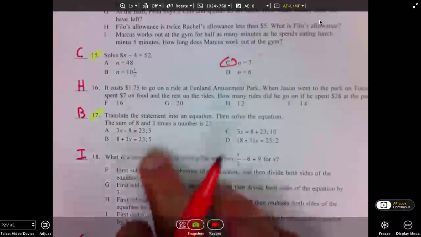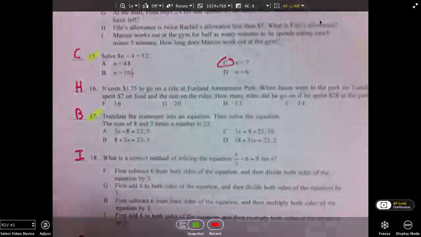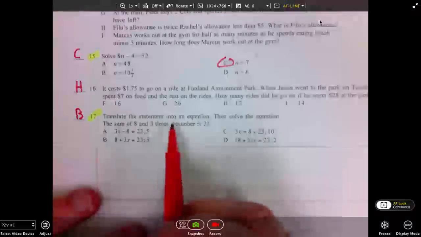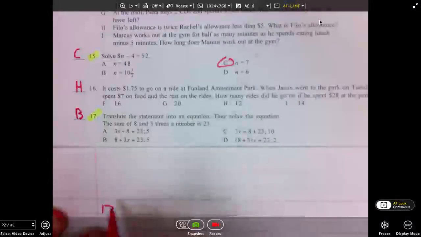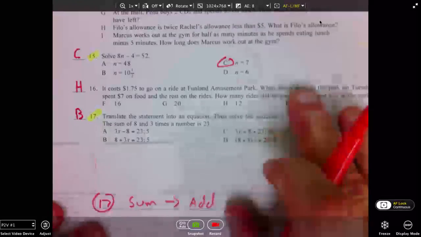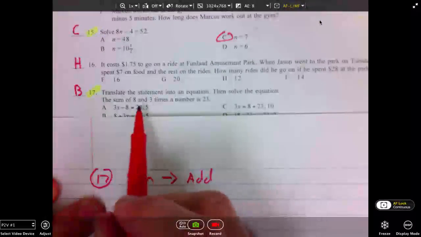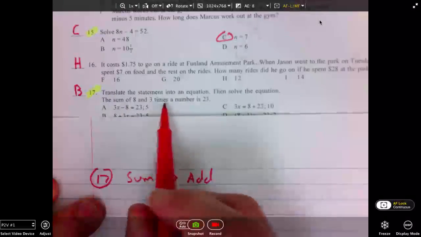Okay, one last problem, number 17, for your notes. Translate the statement into an equation. It says the sum of. Well, sum means to add. So we know we need to do some adding. The sum of 8 and 3 times a number x.